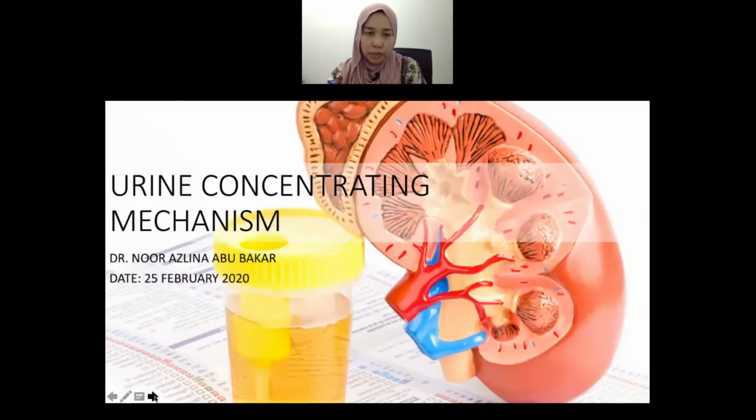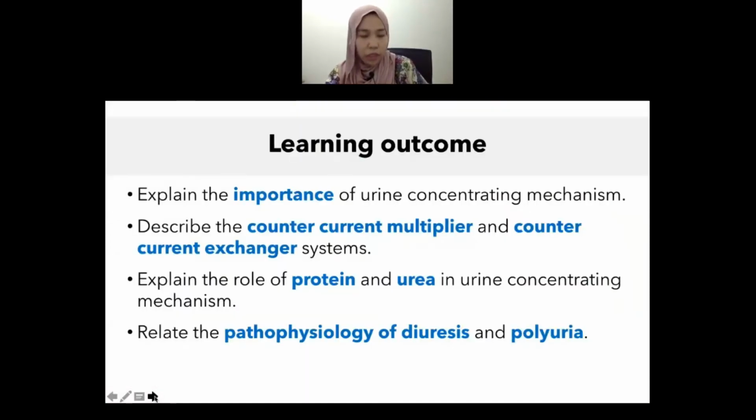Let's talk about the learning outcome. The learning outcome reflects the important things you need to know in the topic. For example, with urine concentrating mechanisms, it is not only about wondering why we produce highly concentrated urine or diluted urine.